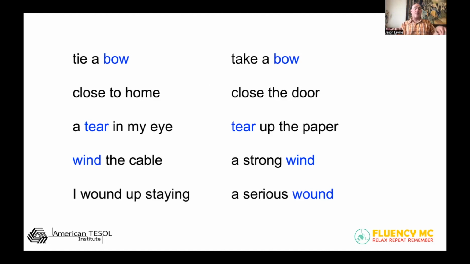So tie a ribbon. Oh, back to the similar words, like a ribbon, but a bow is really a specific look. But yes, you could take a ribbon and tie a bow with your ribbon. Take a bow. Okay, to bow down, right? Oh, I didn't put blue on my close and my close. Sorry about that. Those should be in blue just so it's easier to see. Close to home, close the door.